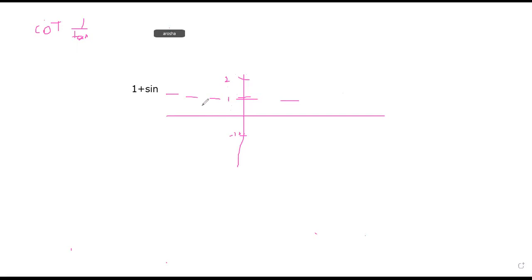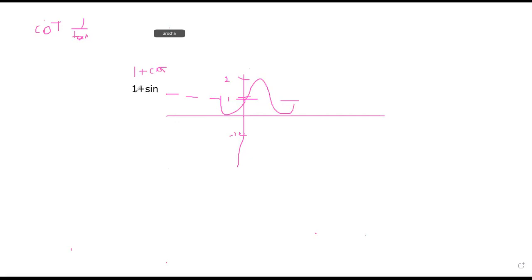If it is a sine one, okay guys, that is what is meant by 1 plus. 1 plus cos is also like that. The y-axis increasing, the y-axis going to 2.